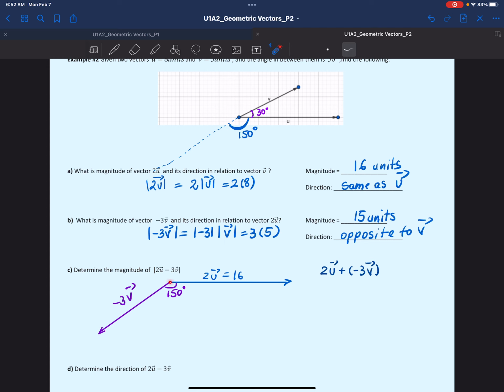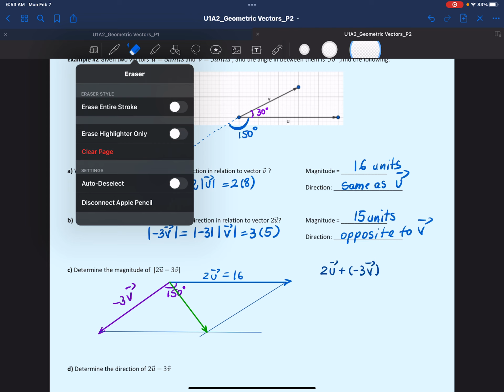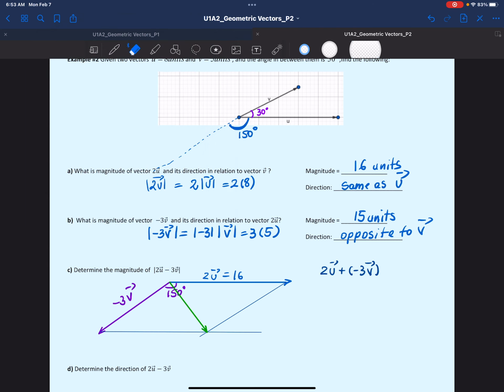We're going to use the parallelogram rule since they're already placed tail to tail. And we'll say that the resultant vector will be the one that comes from the two connected tails towards the opposite vertex. So let me make this parallelogram look nice and neat.